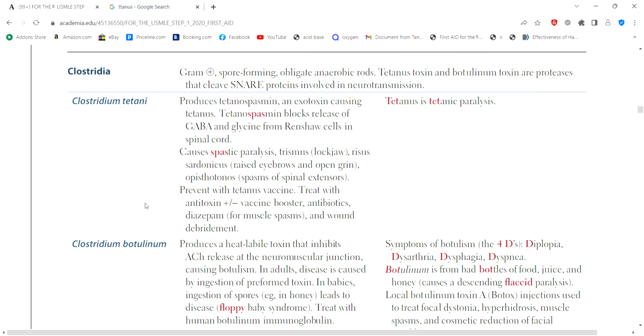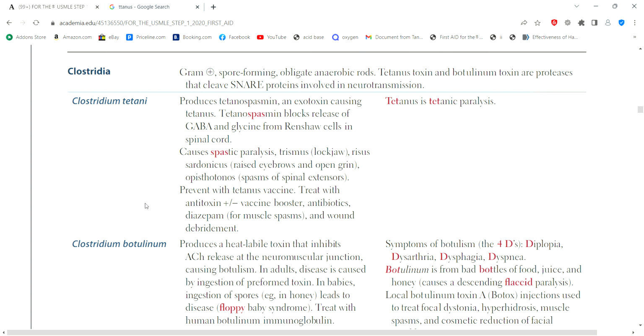So now snare protein cannot release acetylcholine from the NMJ. So there is no movement. Acetylcholine is important for the movement of muscles, so there is no movement here. That is the mechanism of action of Clostridium botulinum, and adults get it from food.